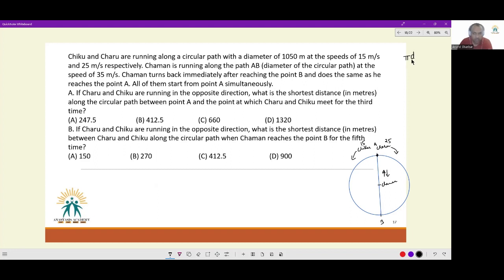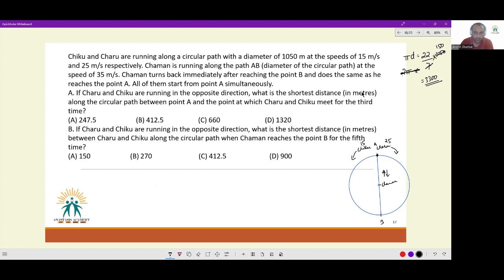Just remember, the circumference of a circle is 2 pi r, and 2 r is the same as d. So pi d, we can directly get to there. Pi d should be equal to 22 by 7 into 1050. Cancel, 150, and the circumference is 3300.